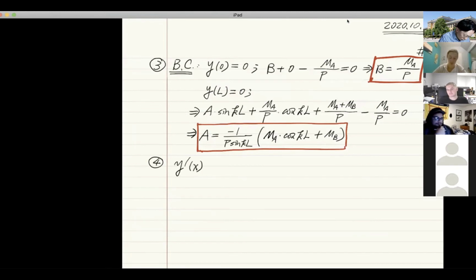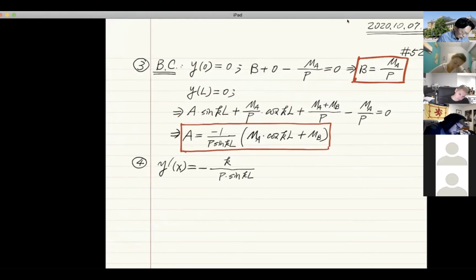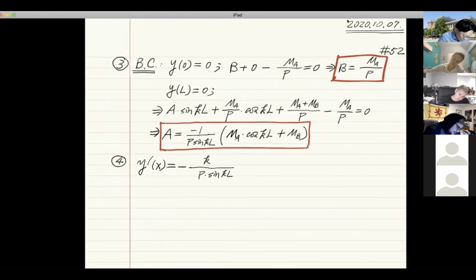The first order derivative is just going to be this after plugging everything in. And that will be negative K over P sine KL times MA cosine KL plus MB.